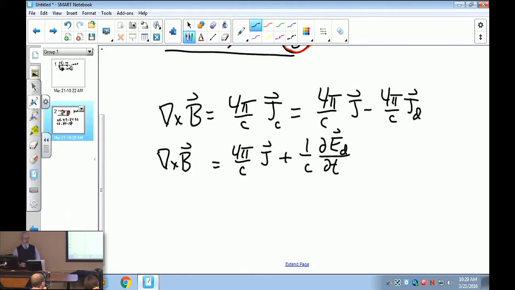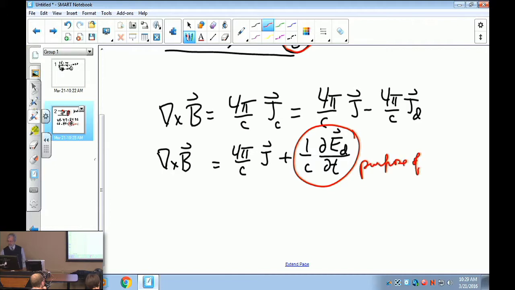So the purpose of this term is to cancel the JD inside the total J. It's a funny thing to do.